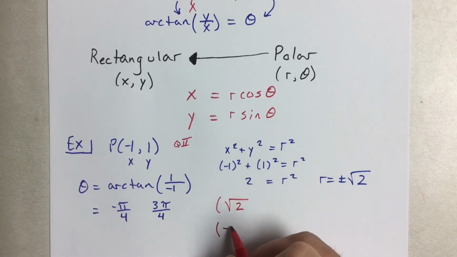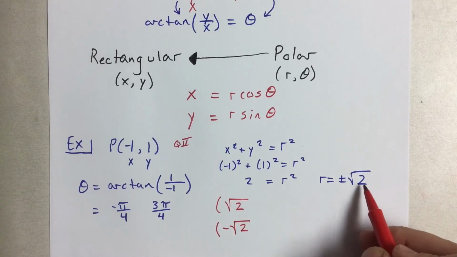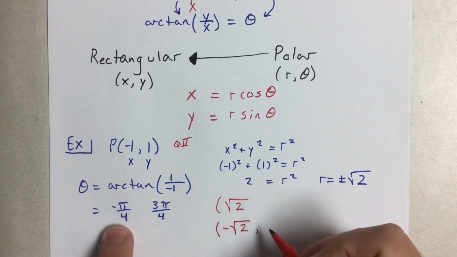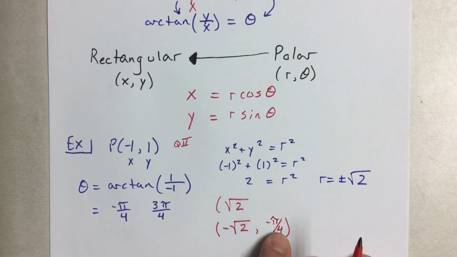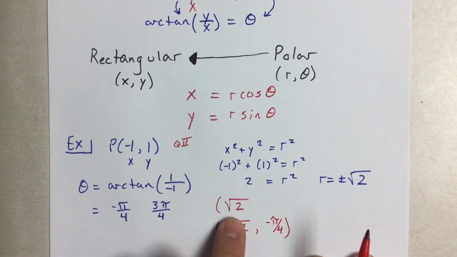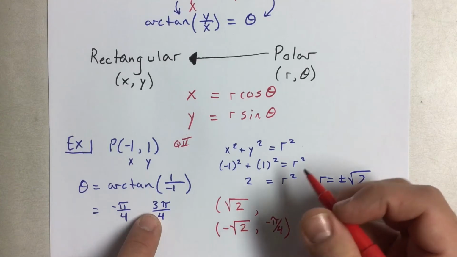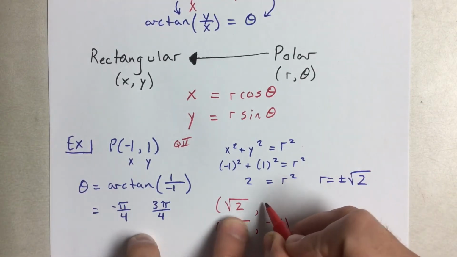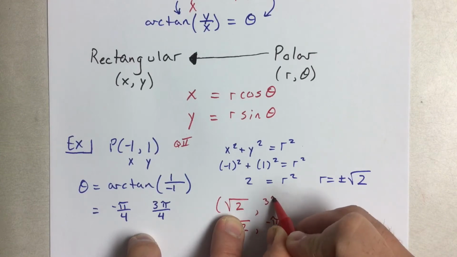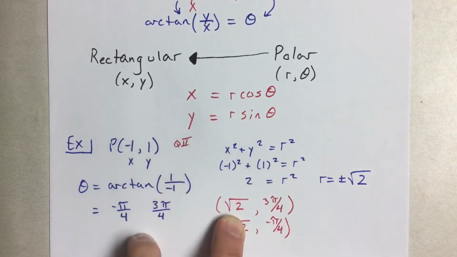So I'm saying all that to say that our negative radius will be paired with our -pi/4. And that's not always the case. Don't think negative, that's not always the case. It's just that to get back to quadrant 2, we had to use the negative radius. And then 3pi/4, where's that? That's quadrant 2. So yeah, for 3pi/4, our radius is positive. So think of where your coordinate is, and we get our two representations.